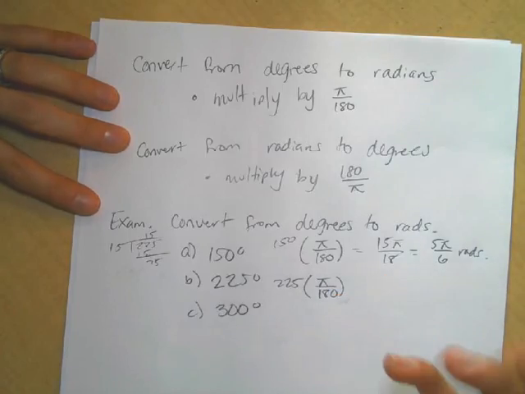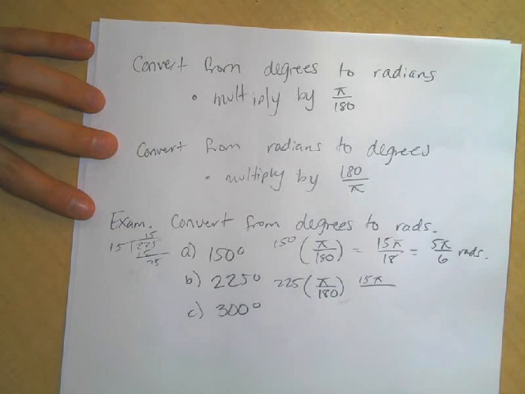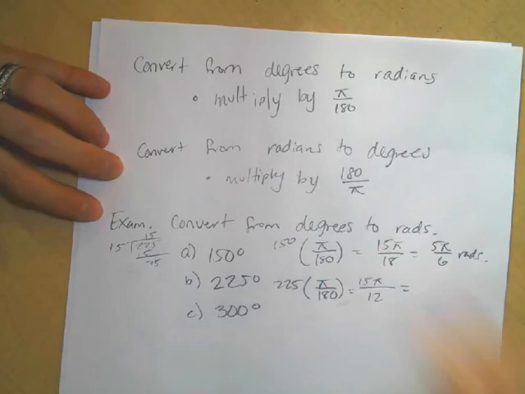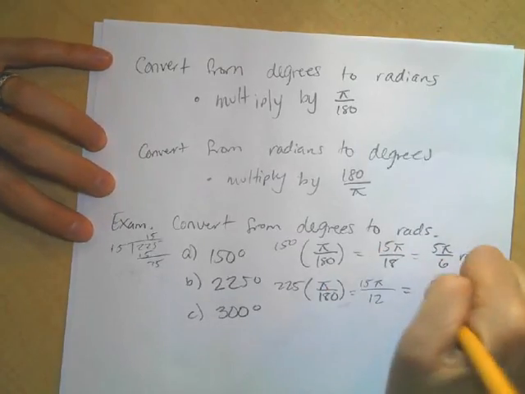How many times does 15 go into 225? 15 times. Yep. So 15 pi, and how many times does 180 go in? 12. So then we reduce it a little bit. It can still be reduced, right? Yep. By what? 3. So we have 5 pi over 4.